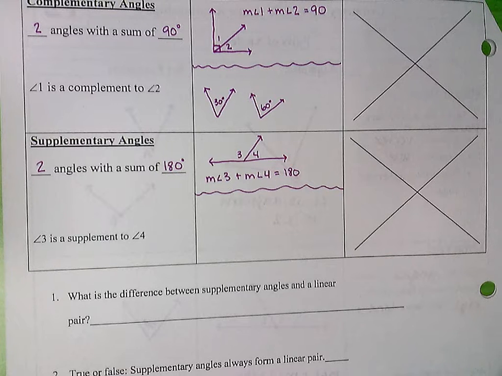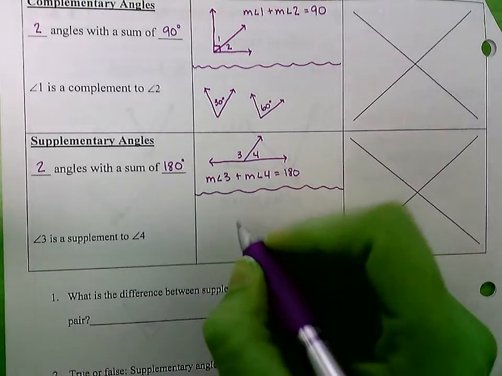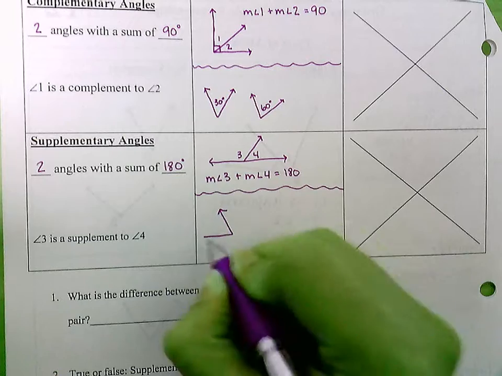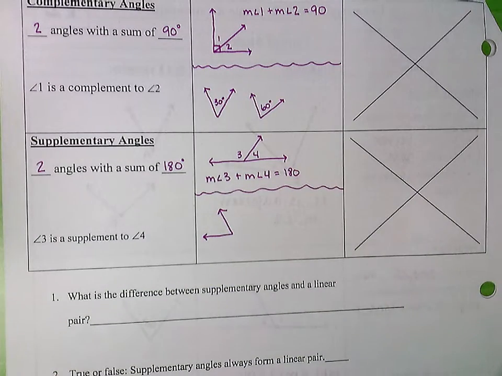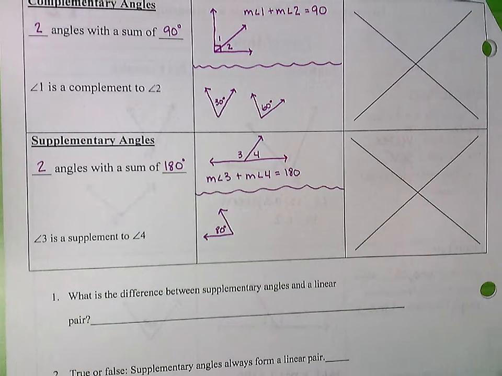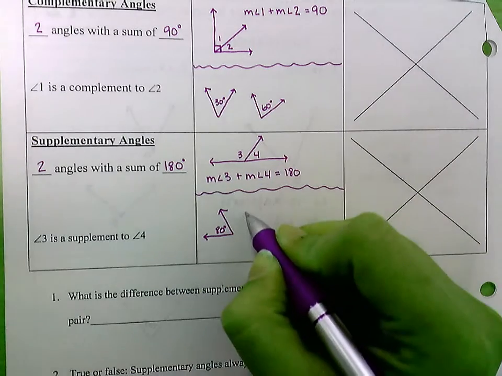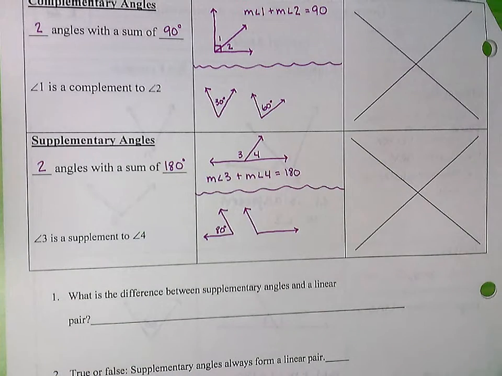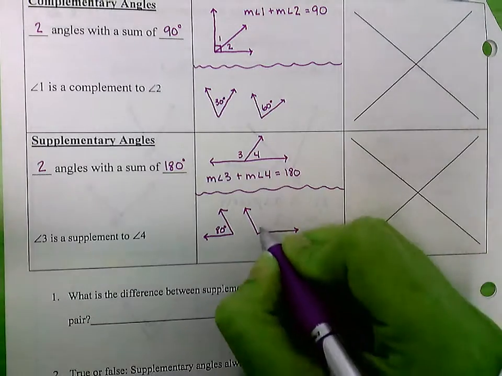Now, just like with complementary angles, I could have them split and floating off next to each other. So they don't need to share that vertex or ray. So if I have this angle over here, we'll call that 80 degrees, and then this angle over here, call that 100.